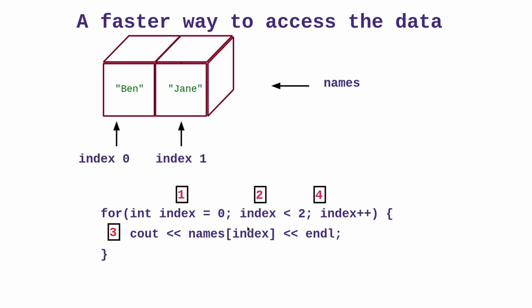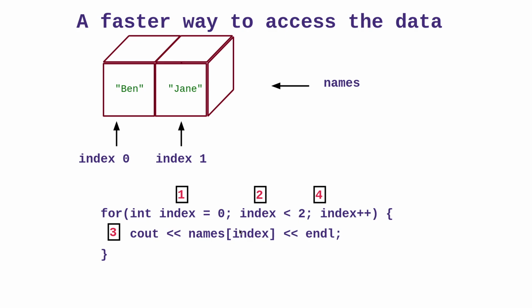Now the second step, I need to ask myself, well, how many items in this array? Well, there are 2. Okay, so I will say that I want to print the items in the array.